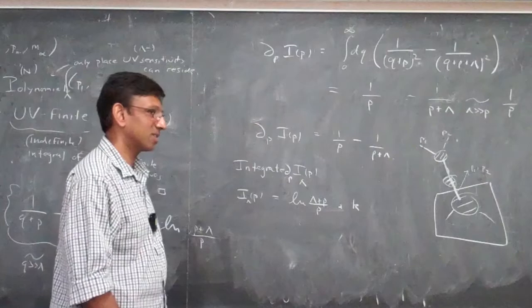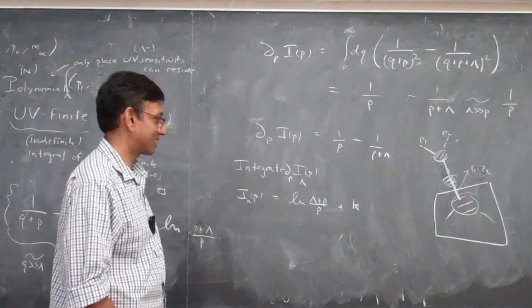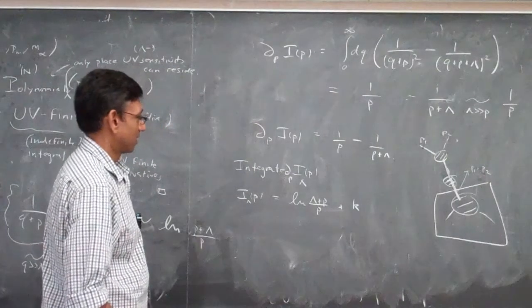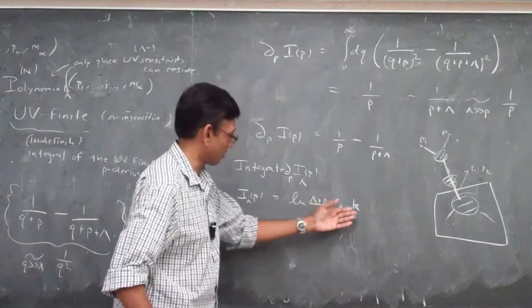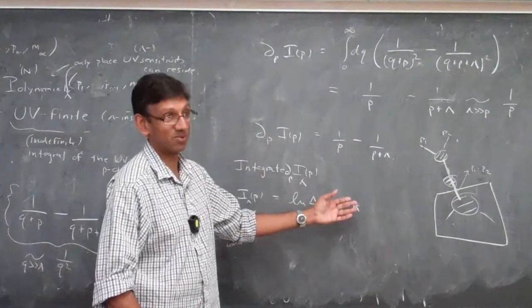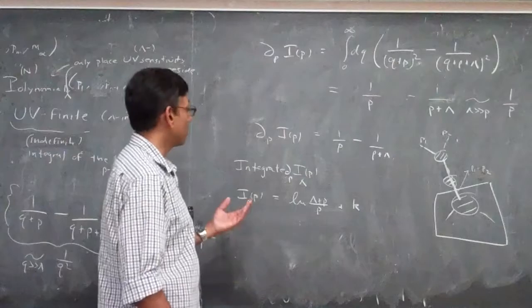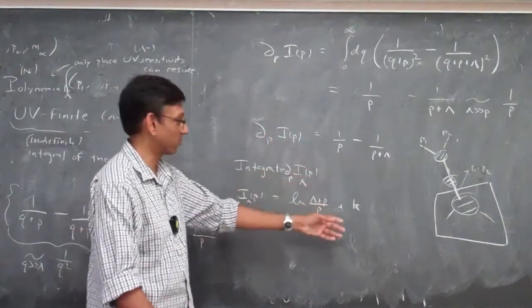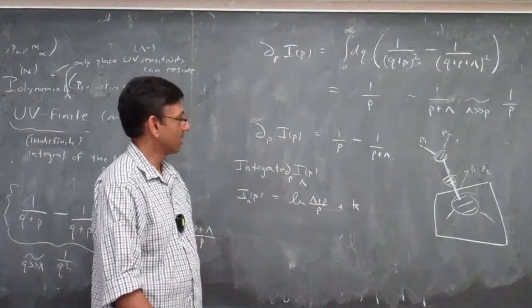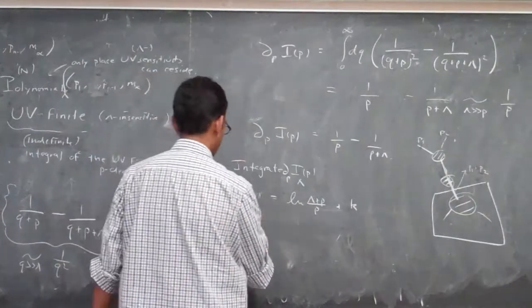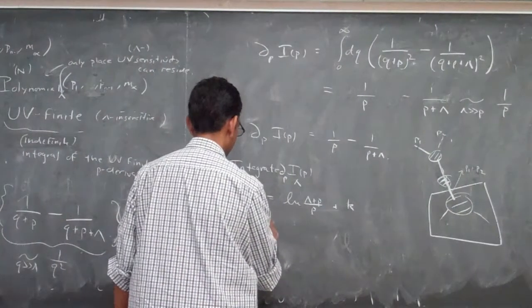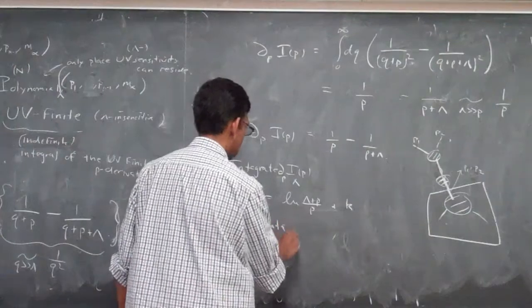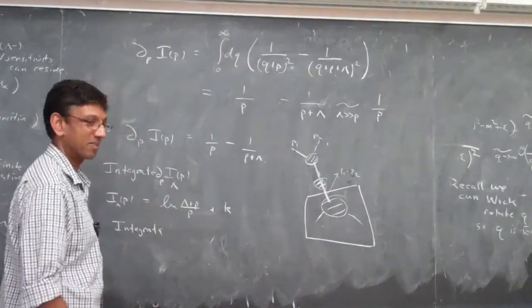But that's not the full thing that I want to point to. Of course, if I wrote this, then this particular k is 0, really. But I wouldn't know if all I'm calculating is the derivative. I wouldn't know whether this is 0 or not. But in fact, I want to think about another thing. Let's integrate the approximate derivative of I_λ.